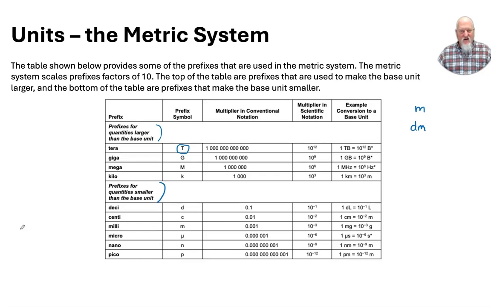That's saying if we take a meter and separate it 10 times equally, each one of those would be a decimeter. A centimeter is 1/100th of a meter. If we took a meter and separated it 100 times equally, each one of those little pieces would be a centimeter. So this table gives us the prefix and what the prefix means.